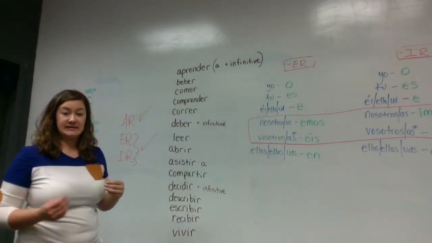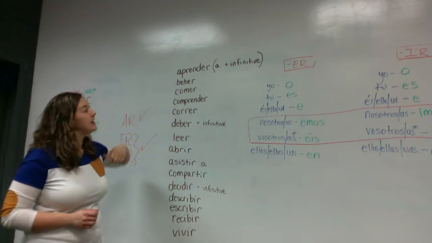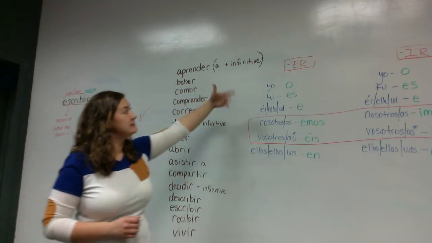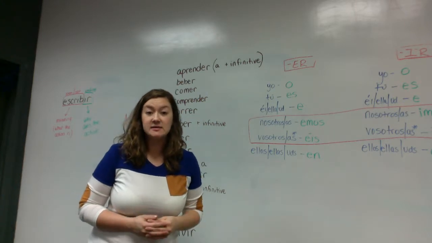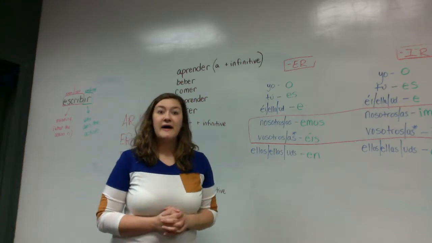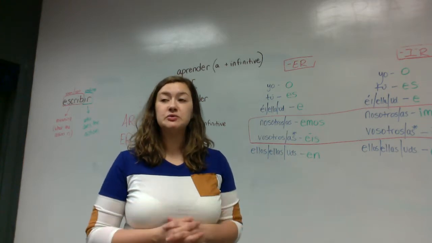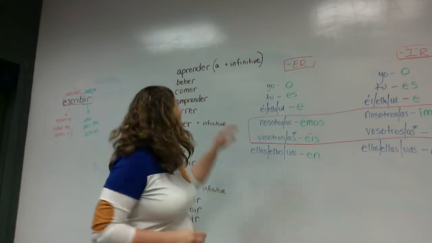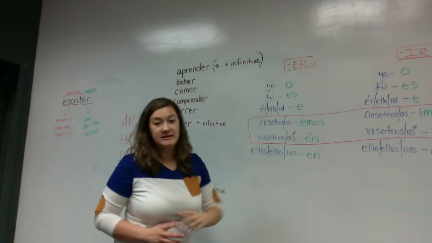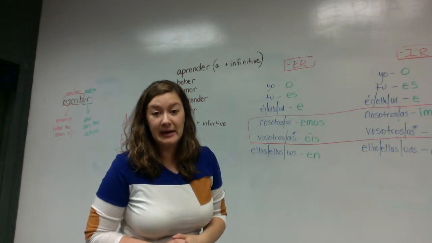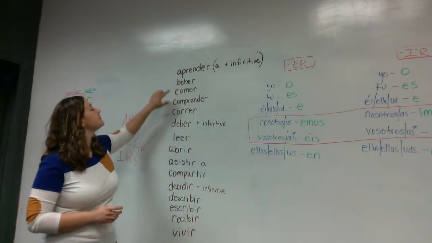So let's begin by going over each word that we're learning for this part of the chapter. So, repiten. Aprender. Aprender is an infinitive form of the verb. So, aprender means to learn. So, if I want to say learn to speak: aprender a hablar, an infinitive form of the verb hablar, which is to talk or to speak.